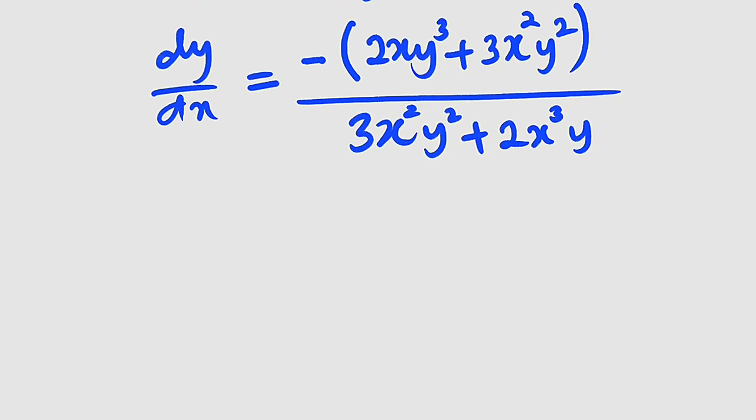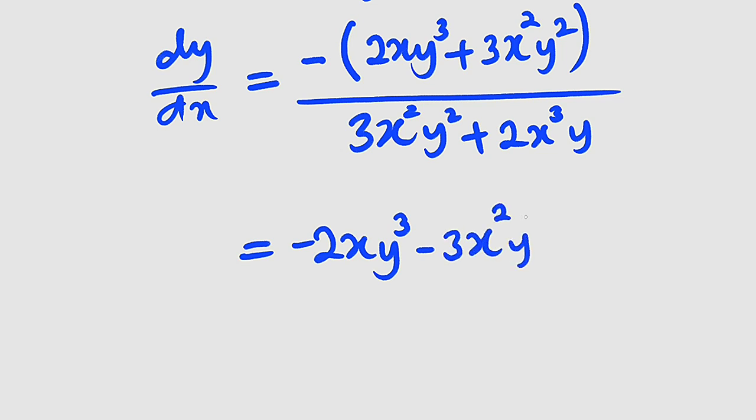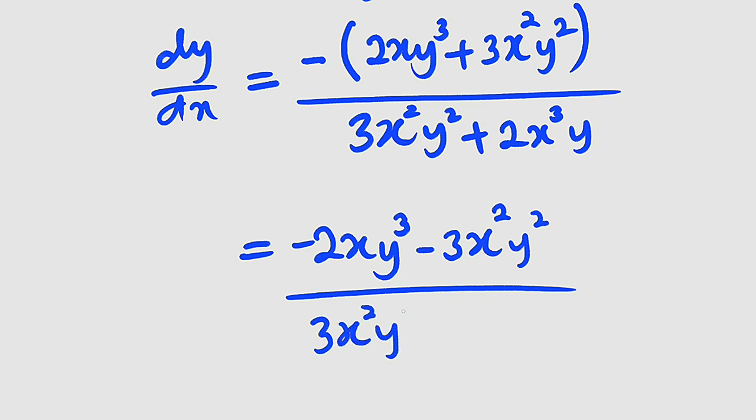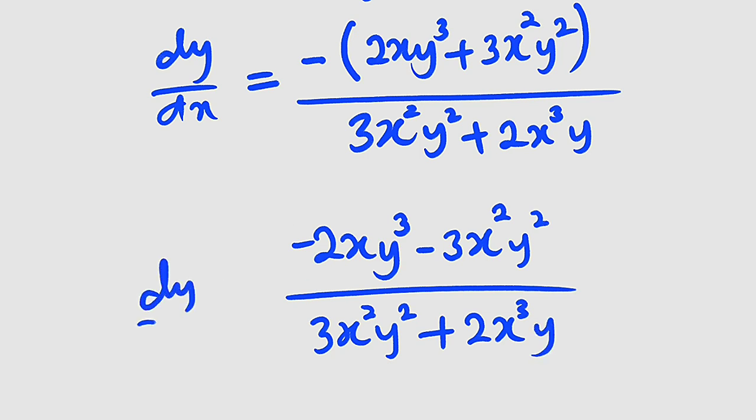You can see that this would be negative 2xy cubed minus 3x squared y squared divided by 3x squared y squared plus 2x cubed y. This is nothing but dy over dx.